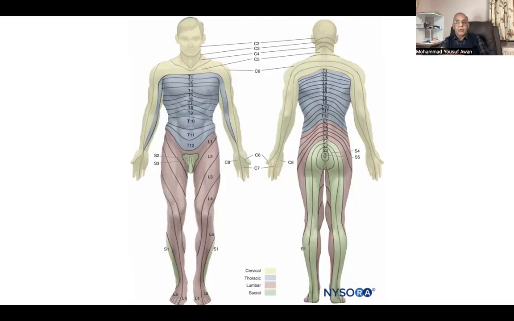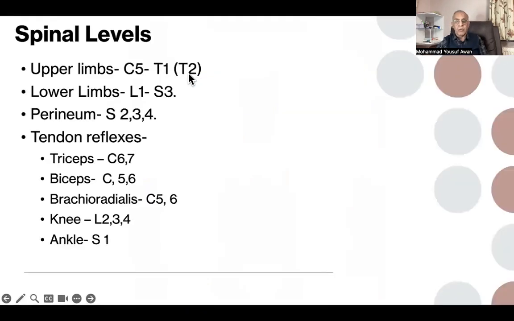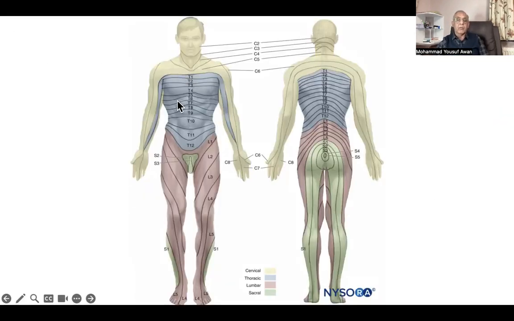If you remember the dermatomal supply of the arm, then you see up to which level the sensations are absent or impaired, and we can make out which part of the spinal cord is involved. If you look at the thorax, from the upper part of the thorax down to the rib cage level, this applies from T2 to T10.